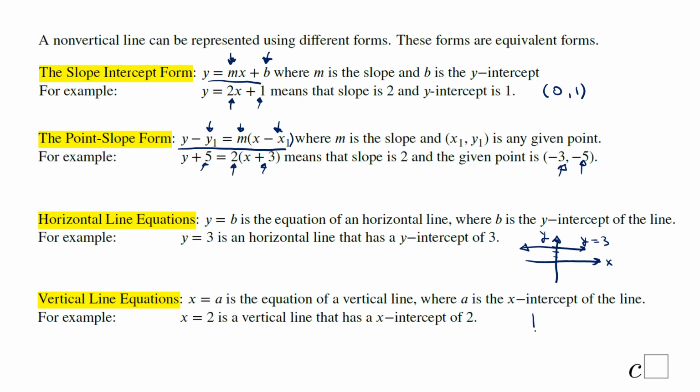Very similar, this one we have a vertical line. This is the x-intercept of 2. Oops, I missed it, but that's it. This is x equals 2, and this is the x-axis, this is the y-axis. Yes, the y-axis is a vertical line, it's x equals 0.